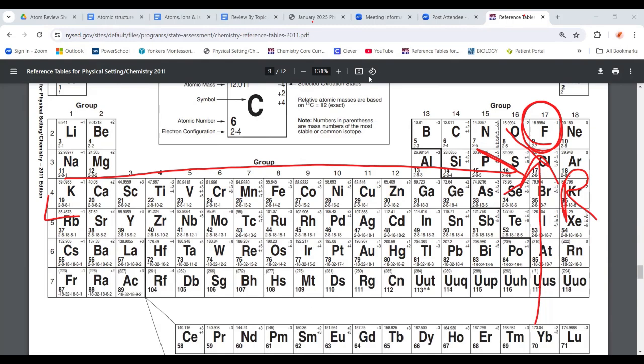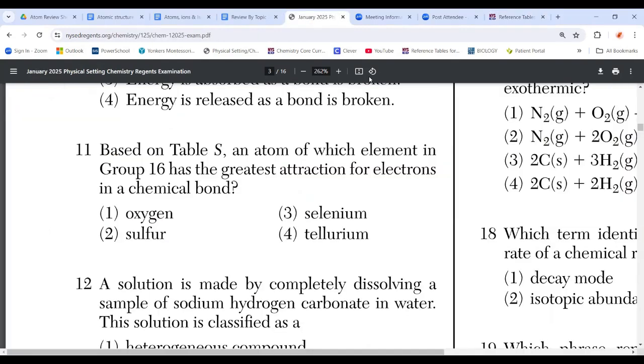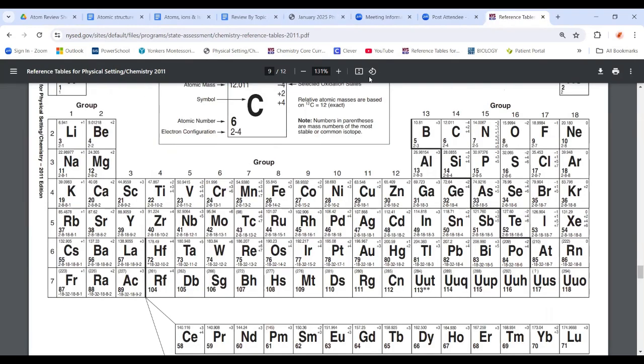They gave you oxygen, sulfur, selenium, and tellurium. So who's closest to fluorine on this list? Probably oxygen and sulfur. But since oxygen's right next door to fluorine, I'm going to take a stab that it's oxygen. He's also the highest in the group, which would make his electronegativity the greatest.